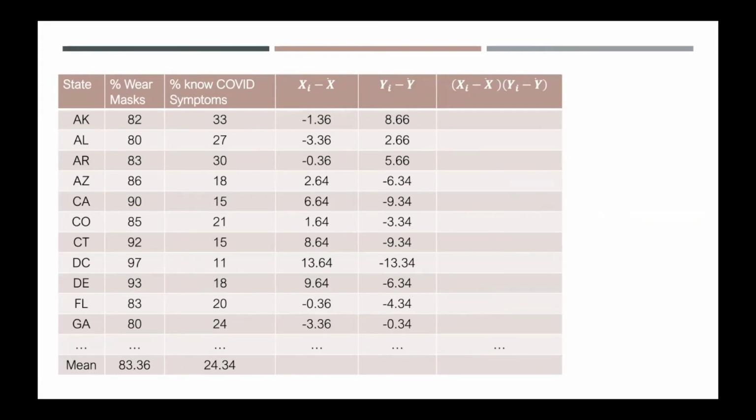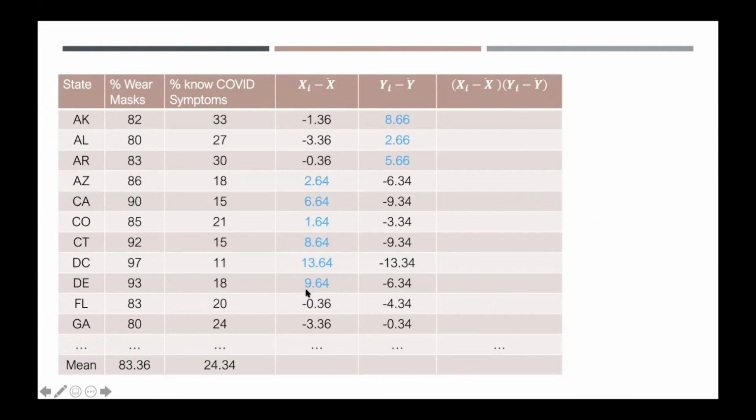And so what I can do just for the purpose of demonstration is to make the observations that were greater than the mean reported in blue font instead of black font. And what you can see is that when mask wearing was less than average, it looks as though COVID symptoms were greater than average.